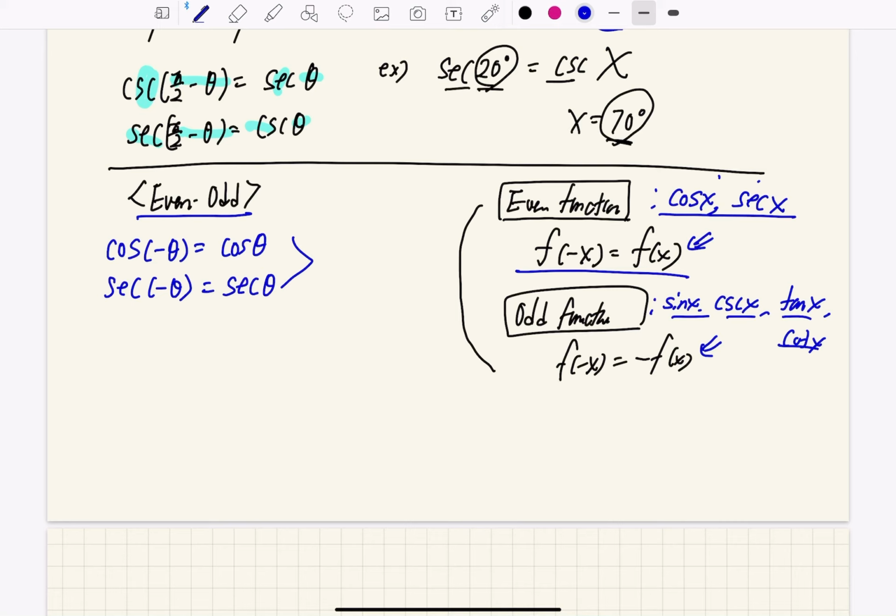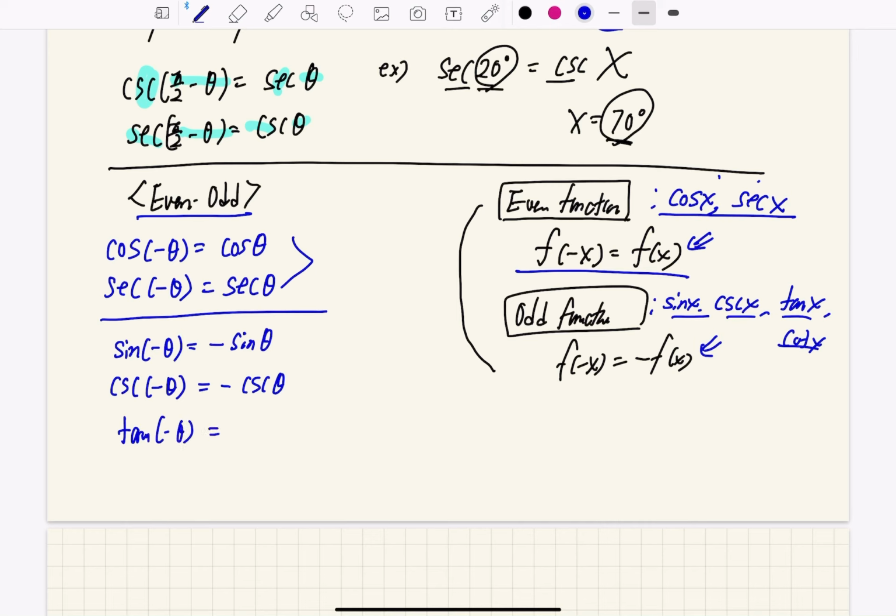Next, the odd function rule. Sine negative theta is equal to negative sine theta because sine is an odd function. Cosecant negative theta is equal to negative cosecant theta. And tangent negative theta is equal to negative tangent theta. Cotangent negative theta is equal to negative cotangent theta.